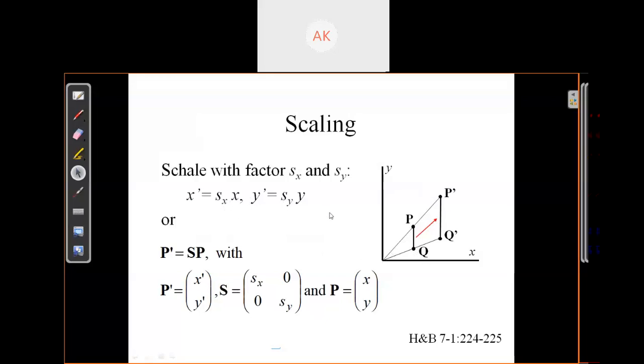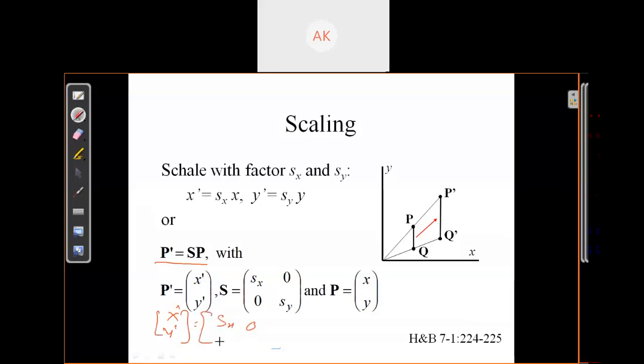So this equation you will get, as we already discussed. P dash is the scaled object, S is the scaling parameter matrix, and P is your original coordinates of your object.